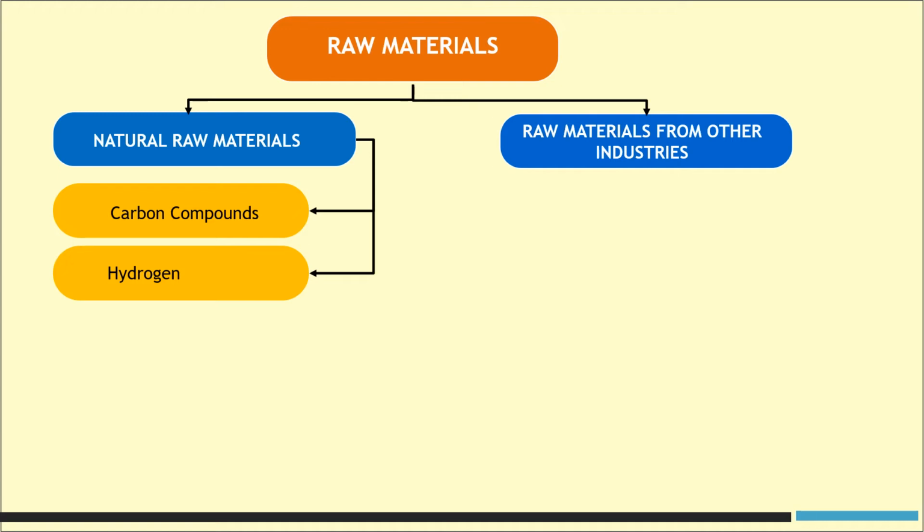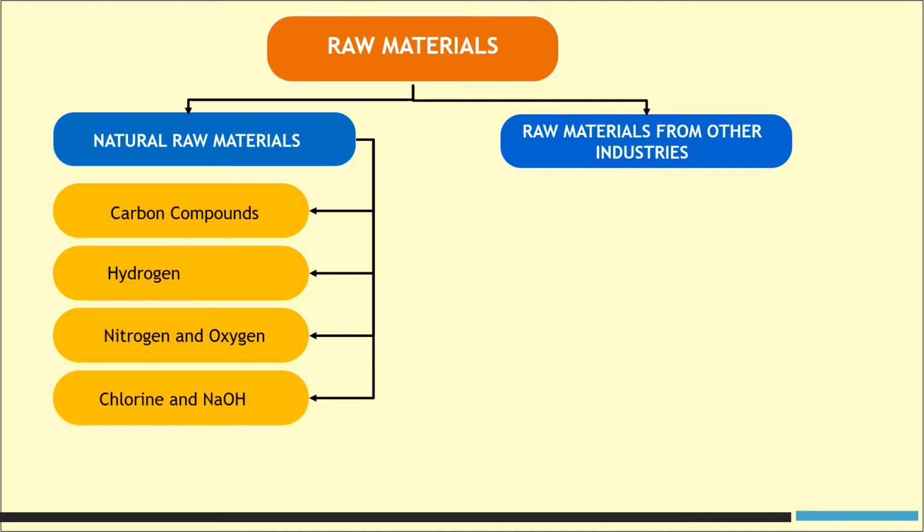So for that, hydrogen is required. So this is a natural raw material. Next is nitrogen and oxygen. They are obtained from air, which is the most common and widely used raw material for production of chemical products.